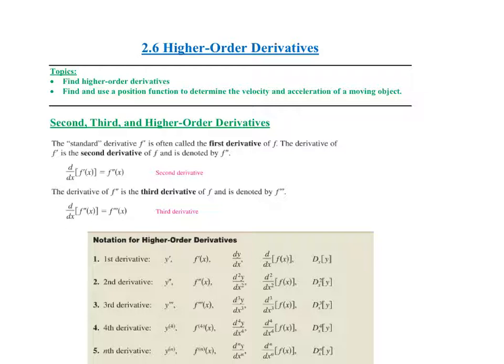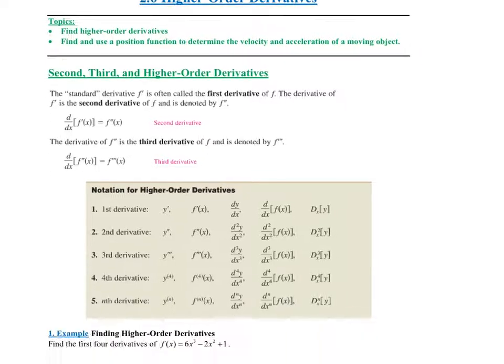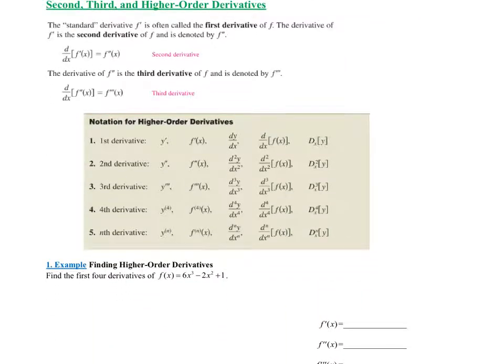And the derivative of the second derivative is called the third derivative. And we denote that by 3 primes. And then from there on out, it gets a little ridiculous with the prime notation. We're not going to sit there and put 4 primes, 5 primes. Anywhere from fourth on, you're going to see them put the number in parentheses, and that just means how many derivatives they want.